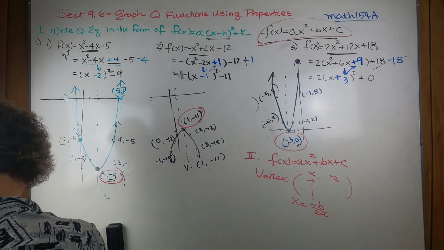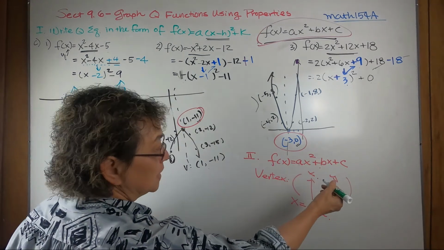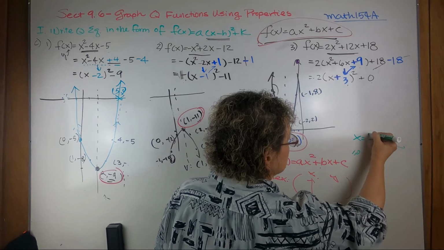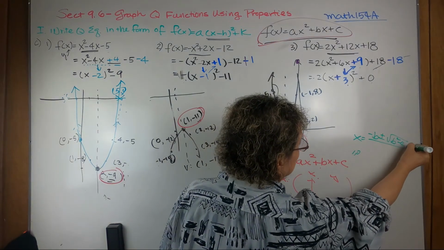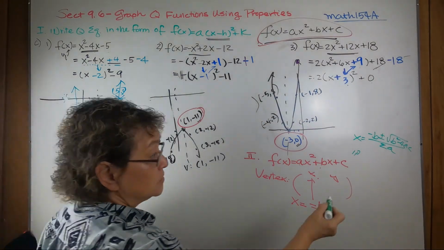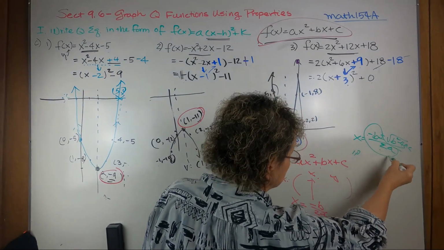Remember your quadratic formula to solve this one equals 0? Then what's your x? x equals -b plus or minus the square root of b squared minus 4ac, over 2a, right? And look at this portion, -b over 2a.